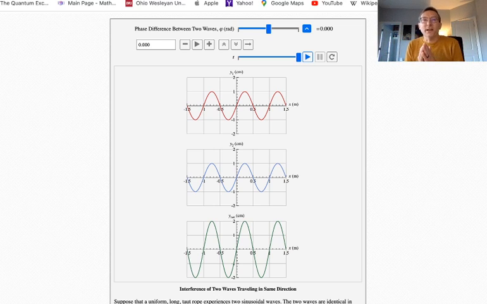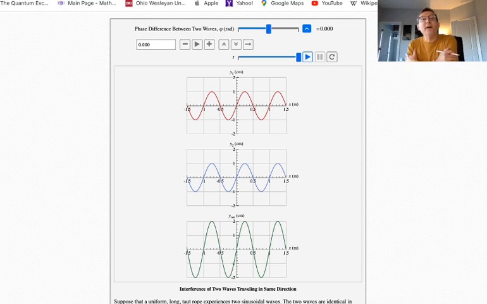And that happens when the argument of the cosine is 0, or pi, or 2 pi, or 3 pi, or 4 pi, and so forth. So I'll get fully constructive interference when the value of phi over 2 is 0, which I just showed you, but I could also have plus or minus pi radians, or plus or minus 2 pi radians, or plus or minus 3 pi radians, dot, dot, dot.